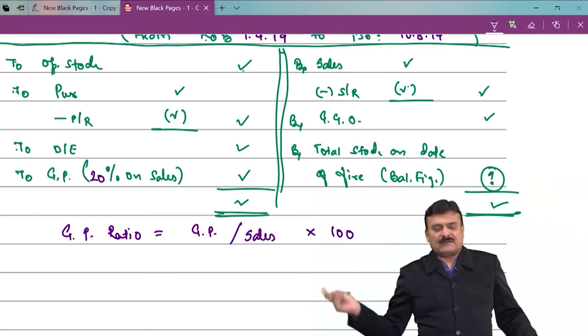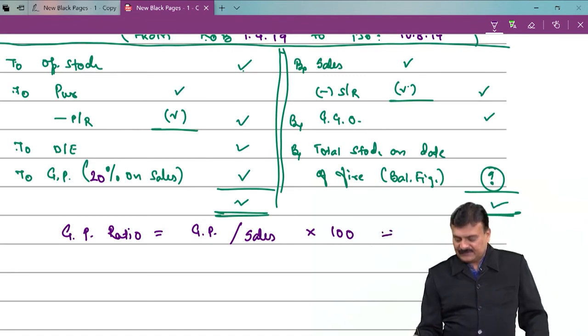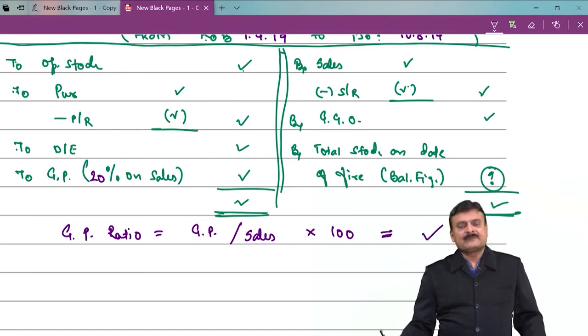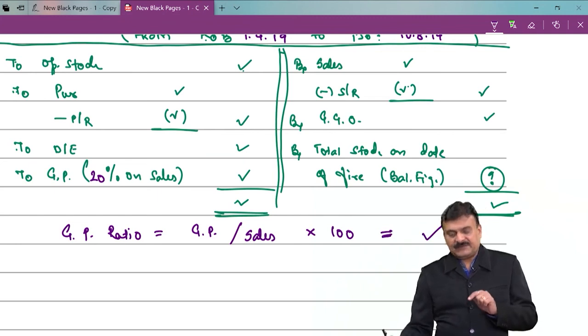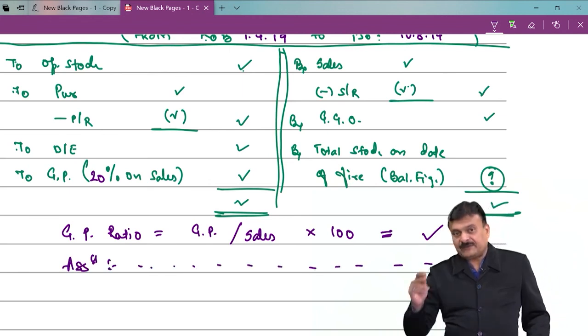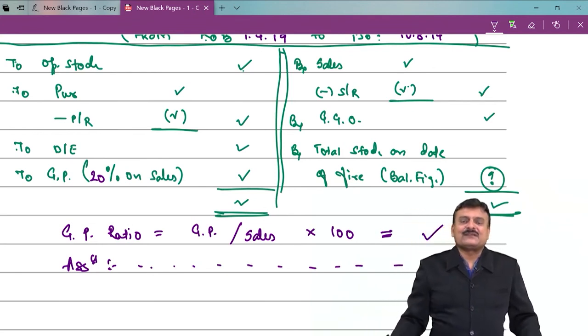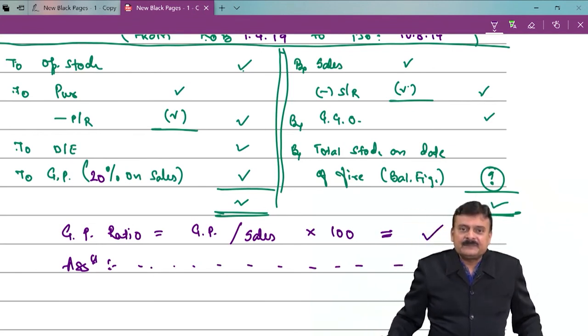GP of last year divided by sales of last year multiplied by 100 will give me the answer. And after finding this GP ratio of last year, I will write the assumption. What is my assumption? That I am presuming that the GP ratio of last year and of the current year of fire remains the same. Sure till this stage?